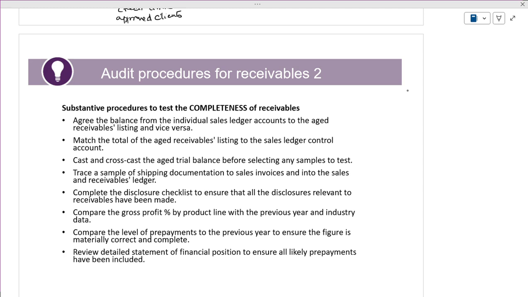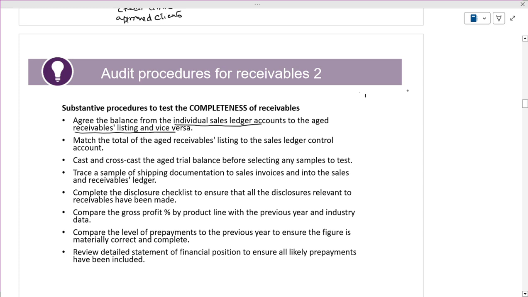When we are talking about completeness, first and foremost, the balances of individual sales ledger accounts should be agreed to the aged receivables and vice versa.